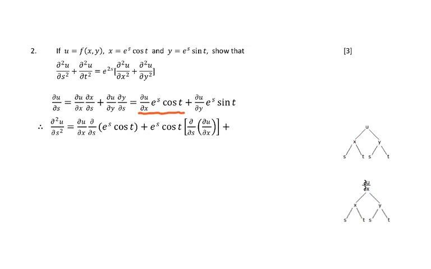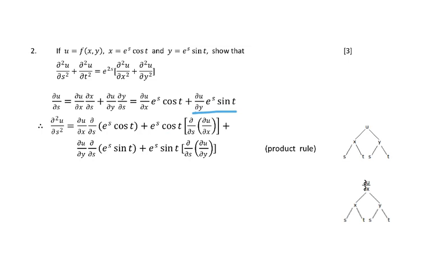Hence, we write down du/dx and we find the derivative with respect to s of the other factor, which is e to the power s times cos t, plus then we write down e to the power s times cos t, and we have to find the derivative of du/dx with respect to s.